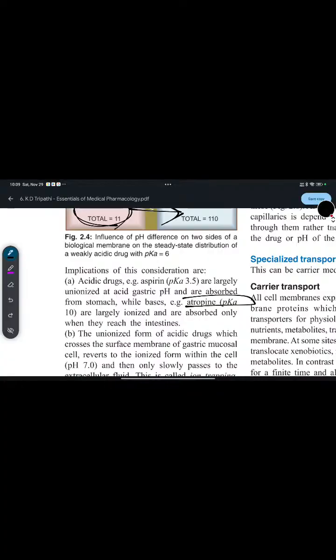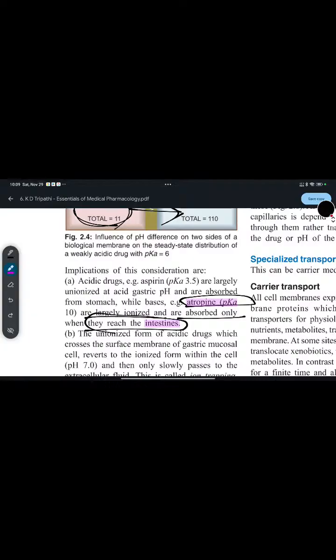So atropine is a basic drug, and it will be largely ionized and absorbed well only when it reaches the intestine. Okay? So simply they will ask a question such as where aspirin will be absorbed more: option one stomach, option two intestine, or they will say jejunum or ileum, because that will be more specific.